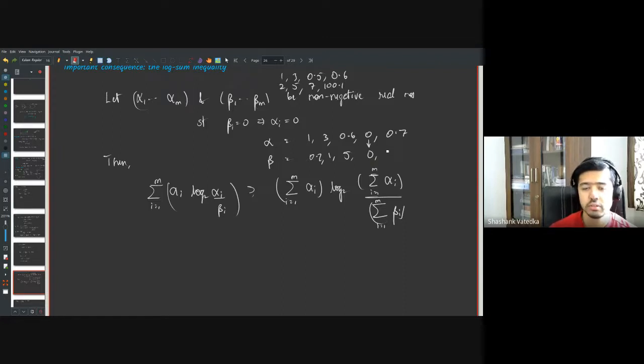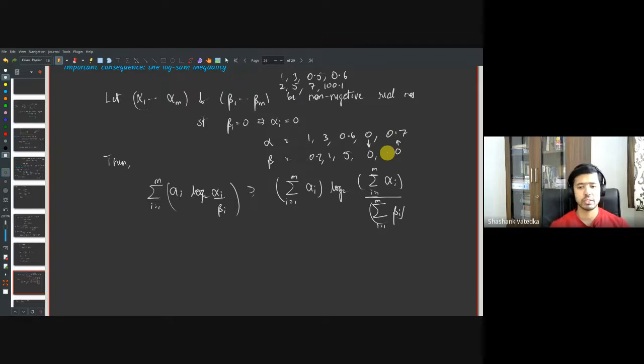I can't have a 0.7 here and a 0 here. So if beta i equals 0 for some i, then alpha i must also be equal to 0. That's just a technical condition.